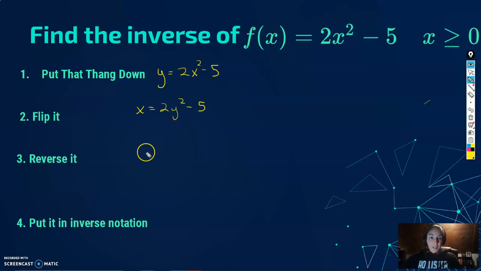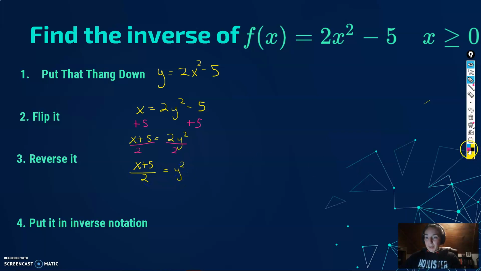The first thing we are going to do is add 5 on both sides, which gives us x plus 5 equals 2y squared. Next, let's divide everything by 2. Again, we're just solving for y here. This is the reverse it step. So x plus 5 over 2 is equal to y squared.